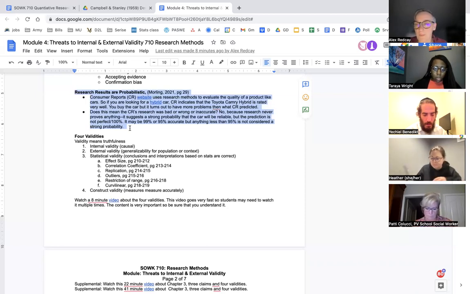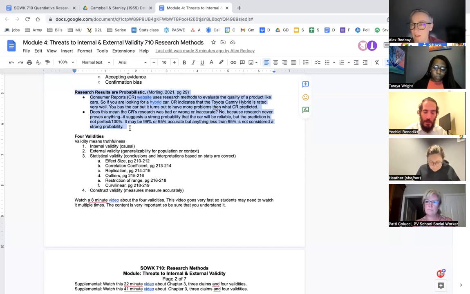Okay, so the example is if Consumer Reports indicates that a Toyota Camry hybrid is a great car and it has very little issues, you happen to buy the car and it has way more issues than what Consumer Reports predicted. So then the question is, is Consumer Reports wrong? Is Consumer Reports bad or unreliable because you bought the car? And the answer is no, it's not bad because it's based on probability, right?